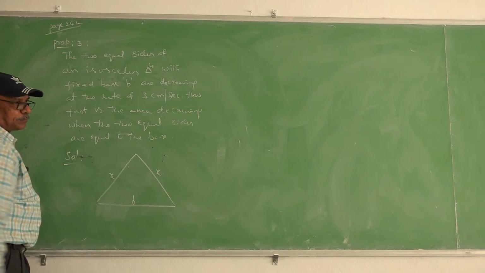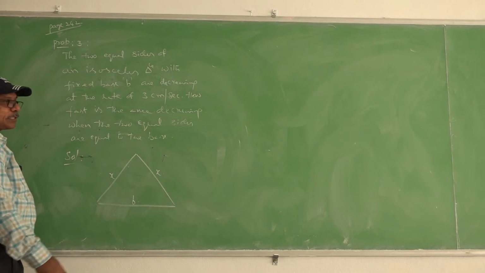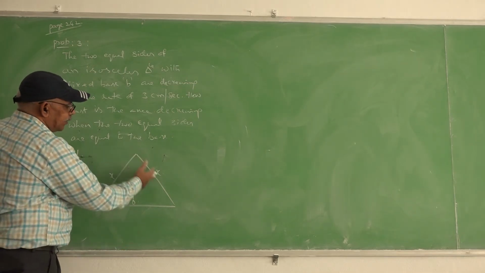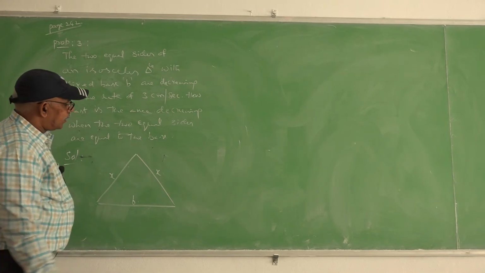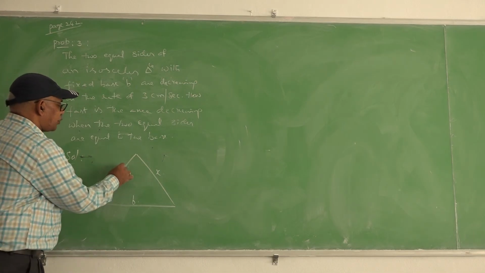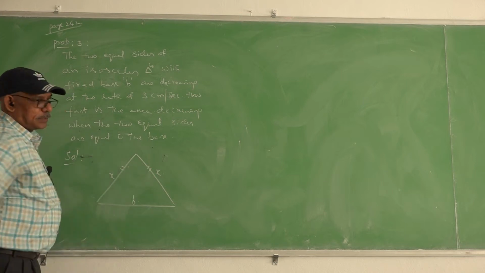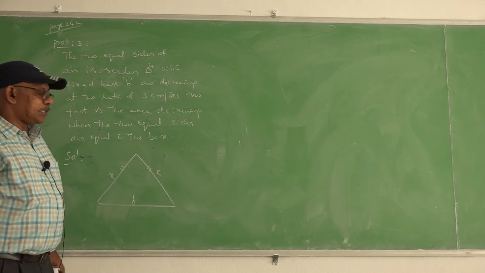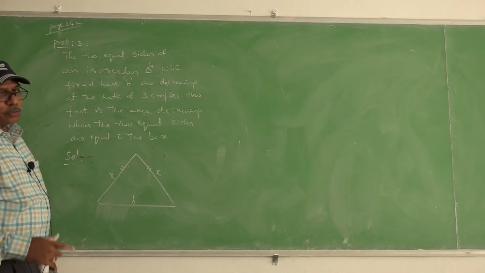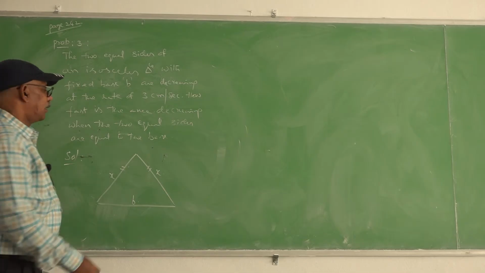Here the base is fixed. There is no change in base. Once the base is fixed, it is always fixed. It varies, x varies. So these two are the equal sides. Consider this triangle having equal side length x and whose base is b.